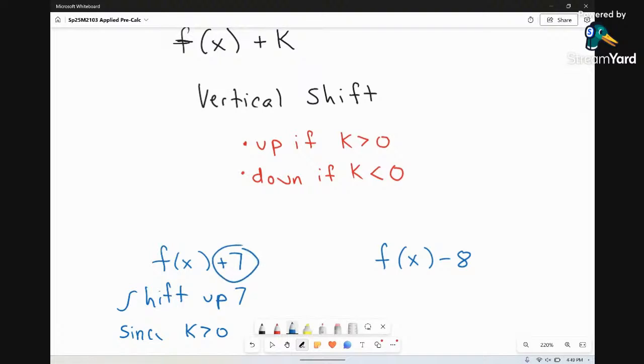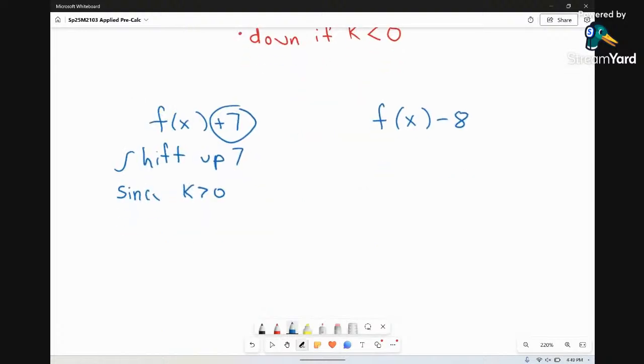That's a way of looking at it. But shift up 7 since k is greater than 0. It's specifically 7. Here's the number being added outside. So this will shift down 8 since k is less than 0.